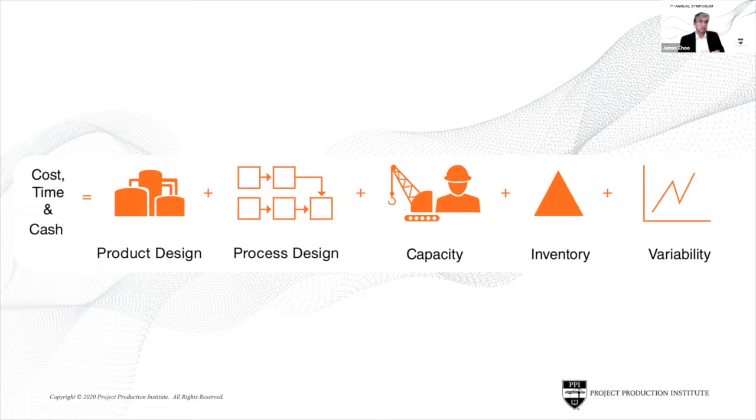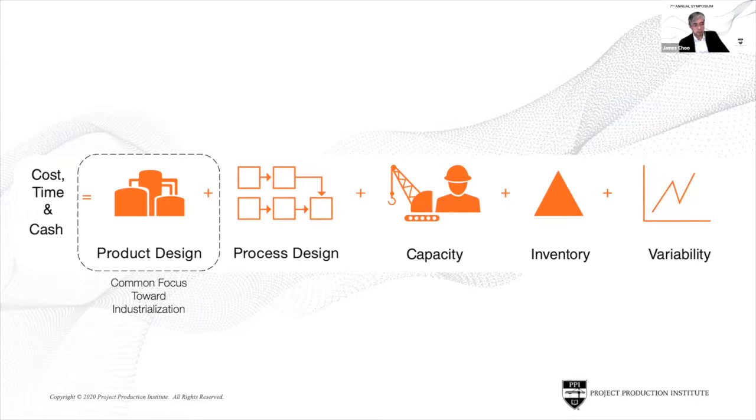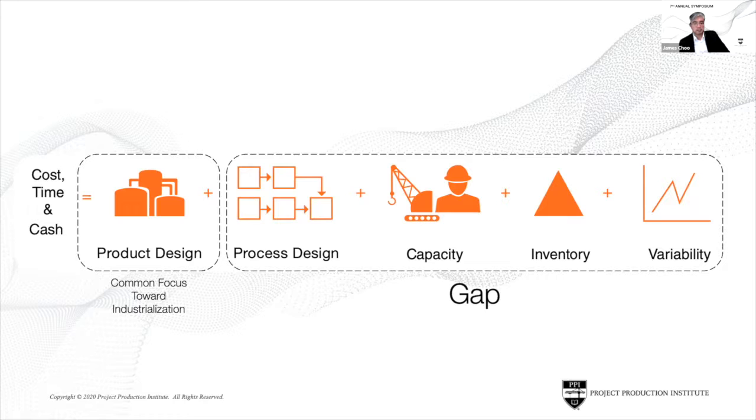Now, although these speakers have gone a long way down their journey, as Todd has pointed out, most of the people we hear mention factory model or industrialization gravitate toward standardization. What we're here to talk about for the rest of the time is where we see the gap, which is the process design, the capacity, and the inventory and variability.